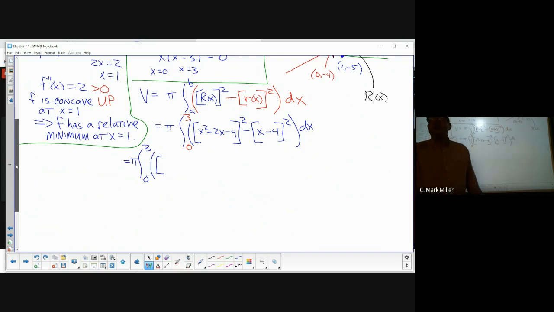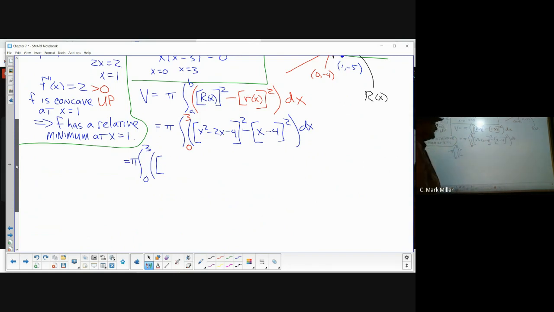Well, you know, when you have a binomial times a binomial, you do FOIL. Basically, you do the first term times everything in the second factor, and then the second term times everything in the second factor. Well, here I'm going to do this times everything, x squared times everything, minus 2x times everything, minus 4 times everything. What does that look like?